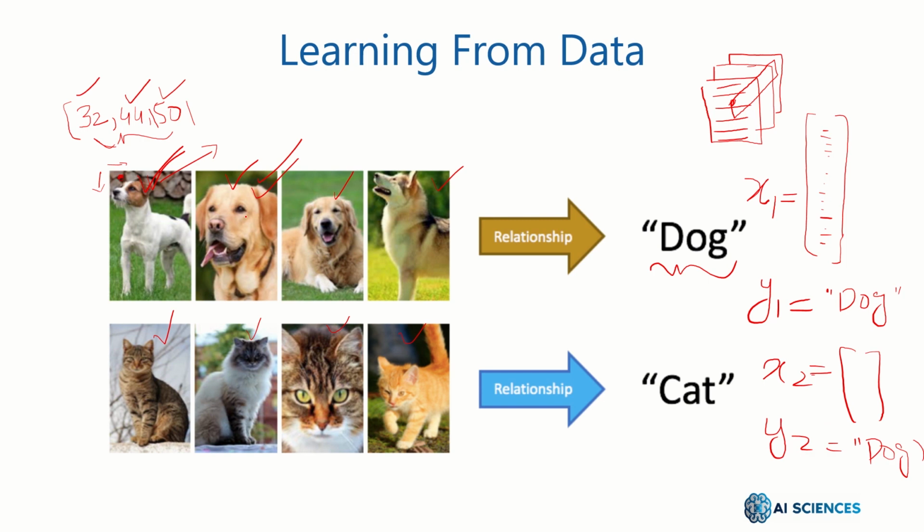So basically, in certain applications, data is given in the form of a sample along with its label. And the goal is to come up with a relationship from this sample to the label.